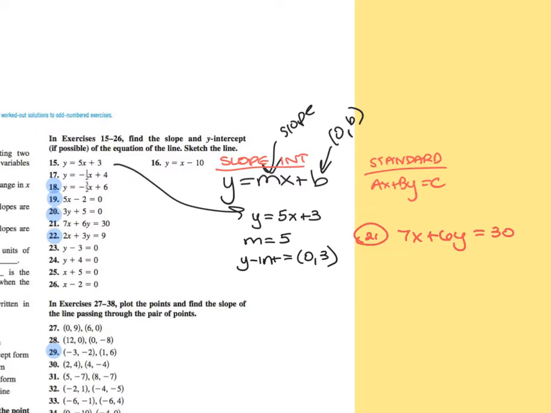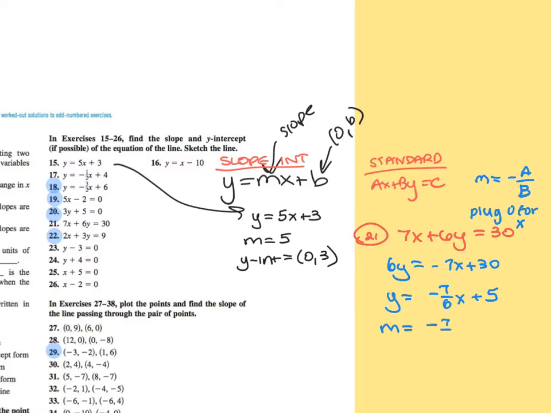You can also use the shortcut that the slope is -a over b and plug in 0 for x to get the y-intercept. So one way to solve it, I would get 6y equals -7x plus 30, and then divide both sides by 6, and I get -7/6 x plus 5, and that gives me that the slope is -7/6, and the b is 5, so the y-intercept is (0, 5).